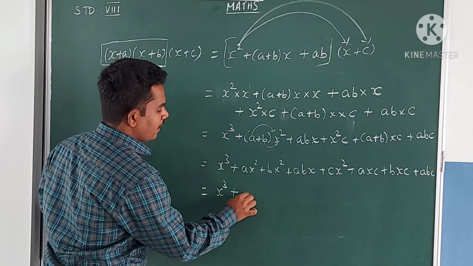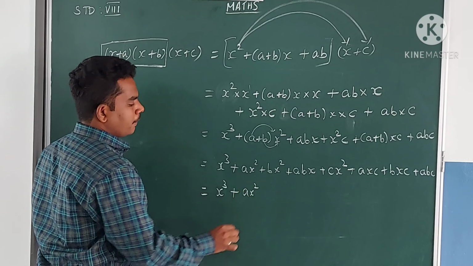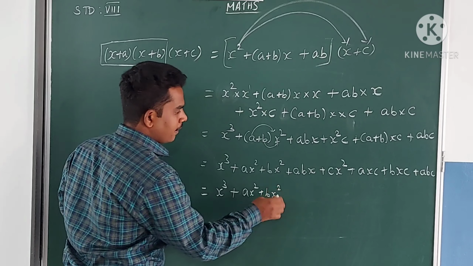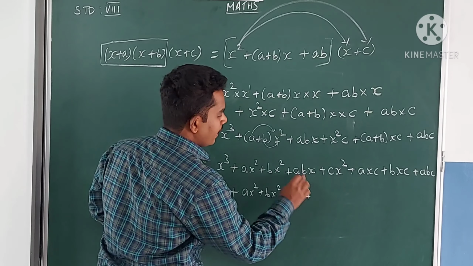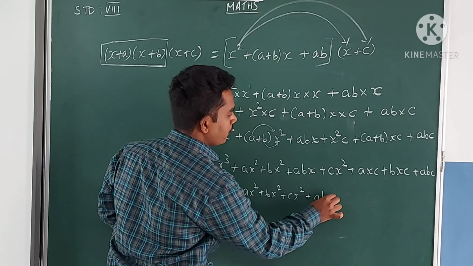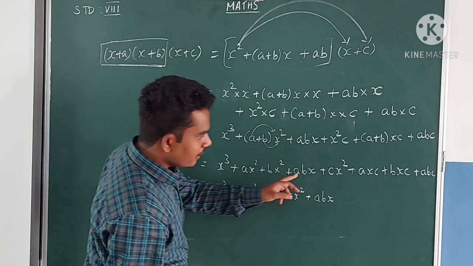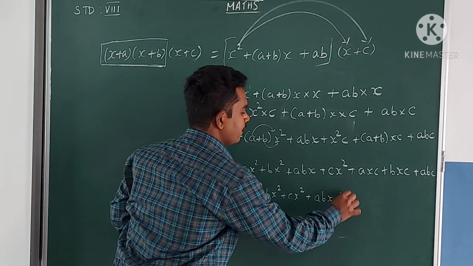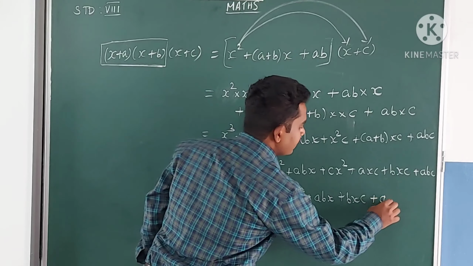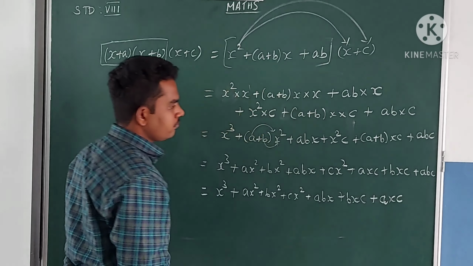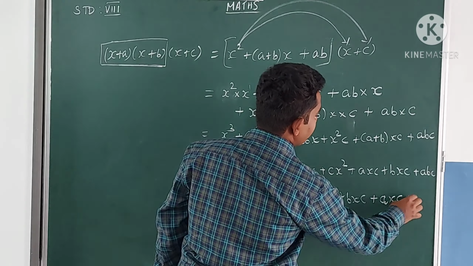Then ax square plus bx square plus cx square, next abx, bxc, axc, plus abc.